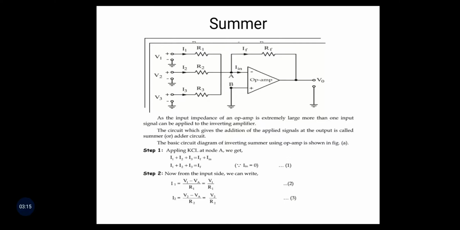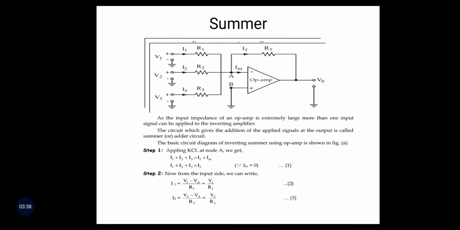Now apply KCL at node A. Nodes A and B are at the same potential, because of the virtual ground concept.